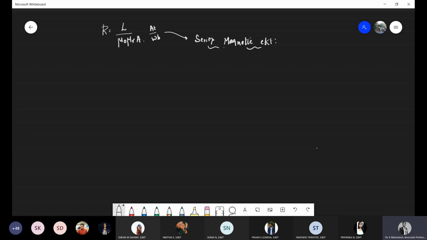So I have a material like this. This is of length L1 and this is of length L2 till here. And I have an air gap.